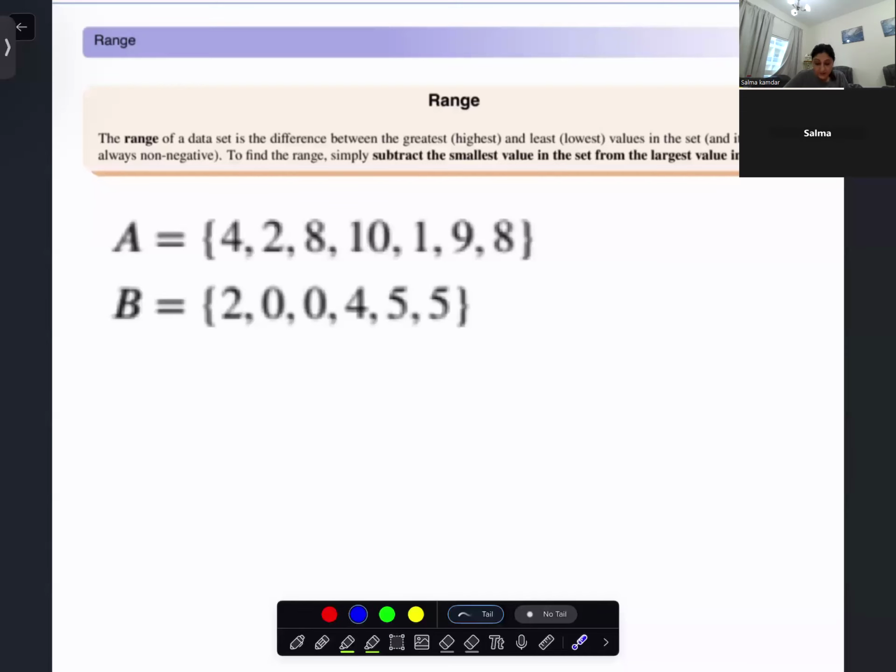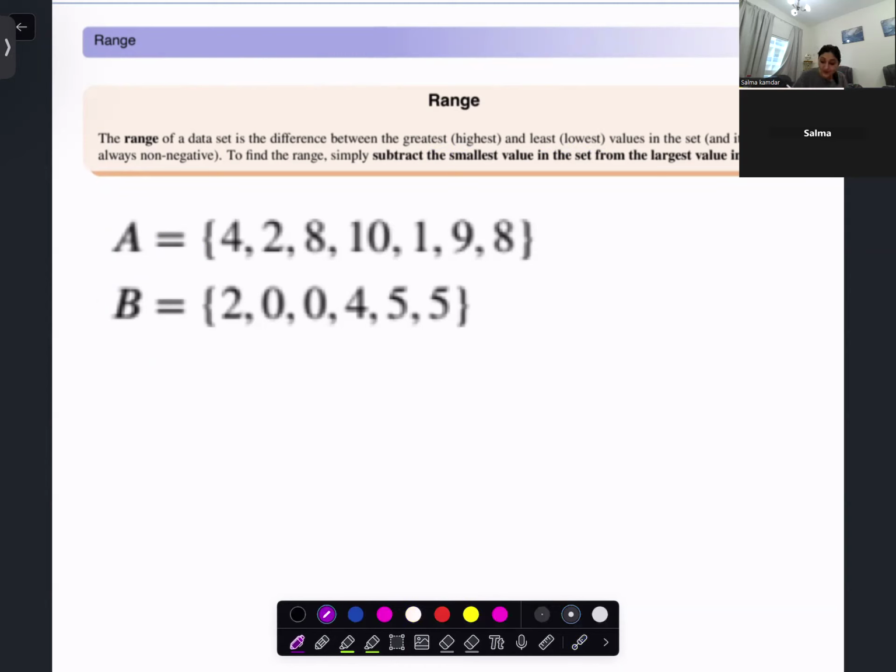Now let's talk about the range. When I have a data set, I have two data sets, A and B, over here. The difference between the highest and the lowest value in the set is the range of the set. Since it is the difference between the highest and the lowest values, it is always non-negative.